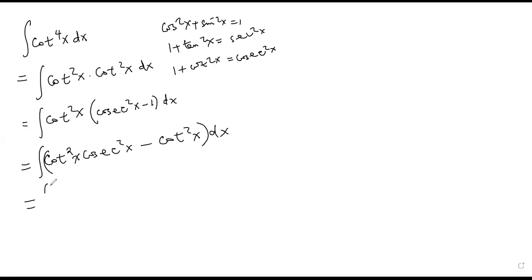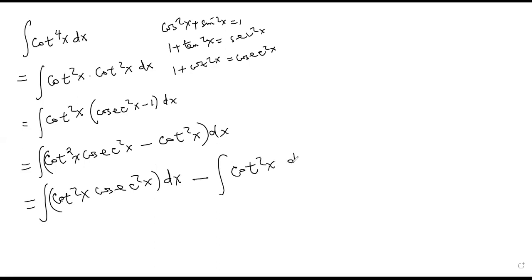Now, you can simplify this as the integral of cot squared x cosec squared x, because this one we can at least work on separately, then minus the integral also of cot squared x dx.